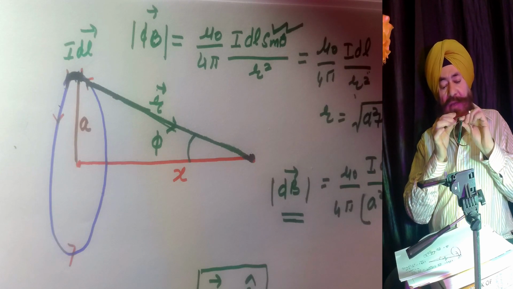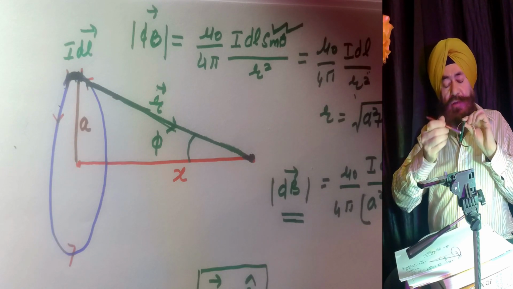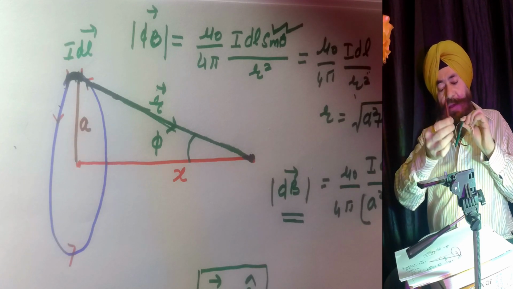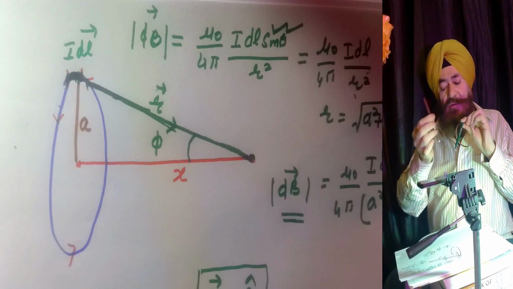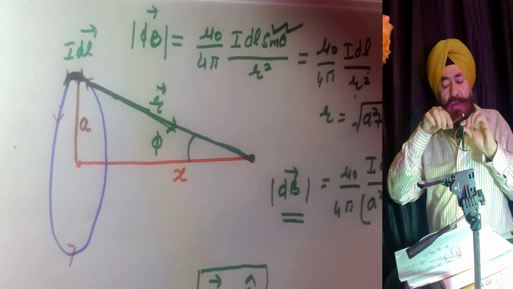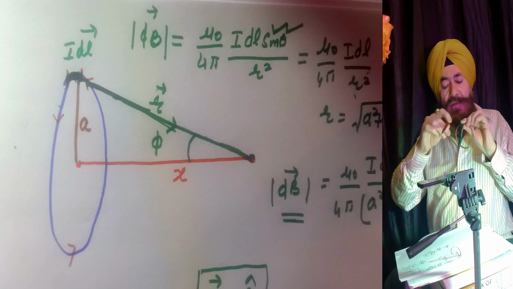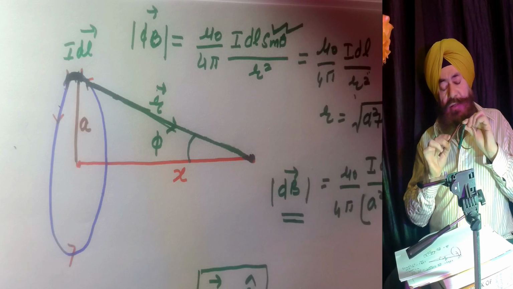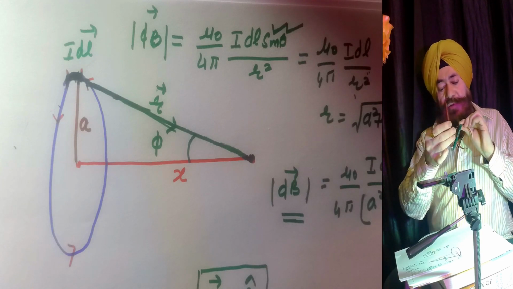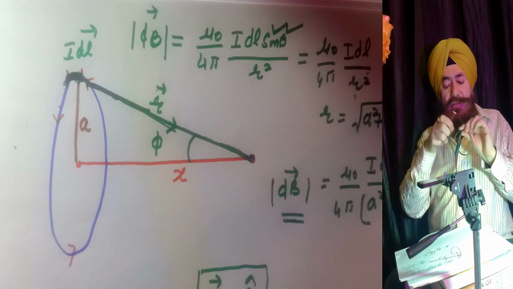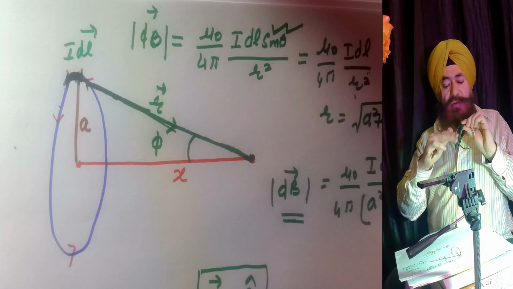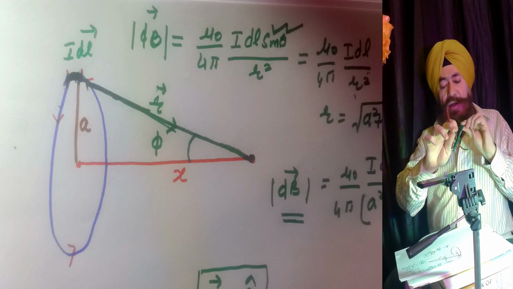This is dl, this is r, and this becomes a plane. The field will be perpendicular to both dl as well as to r. Perpendicular means like this. Think perpendicular to this line, it is like this. This is dl, this is r, this is one plane, and dB is perpendicular to it.